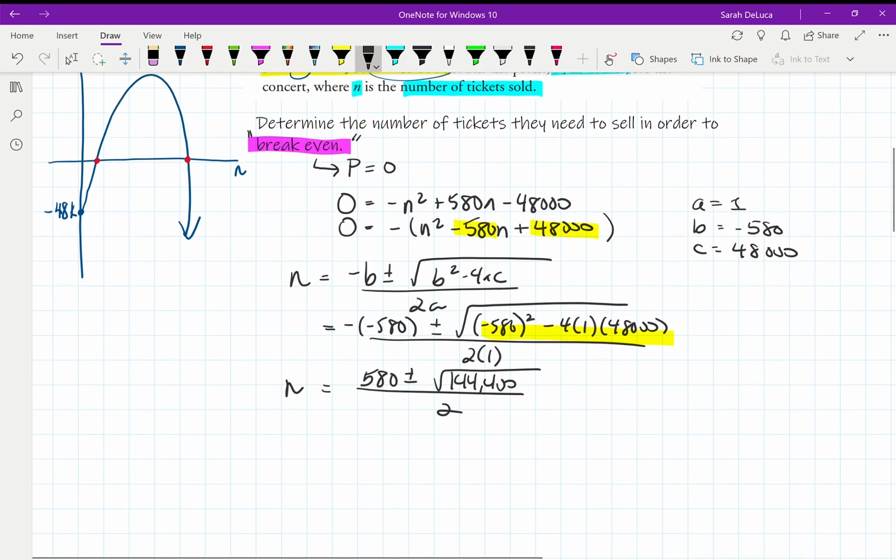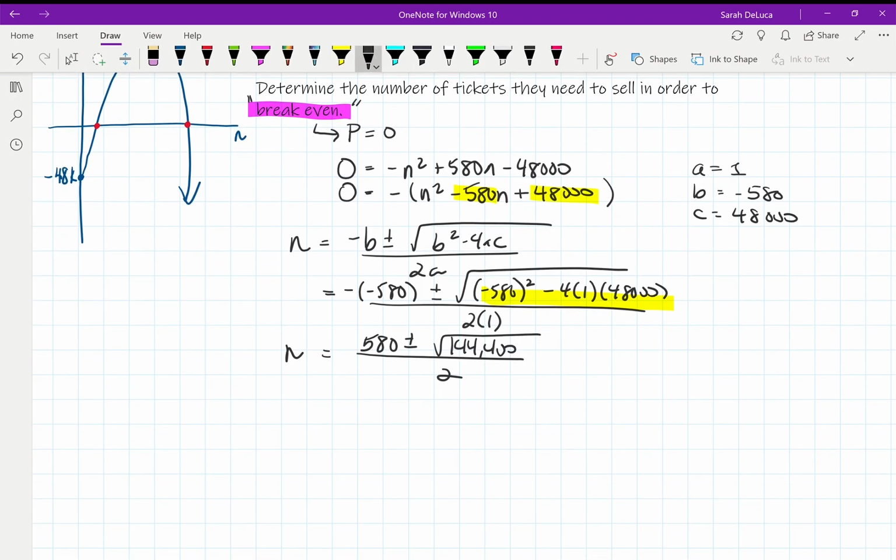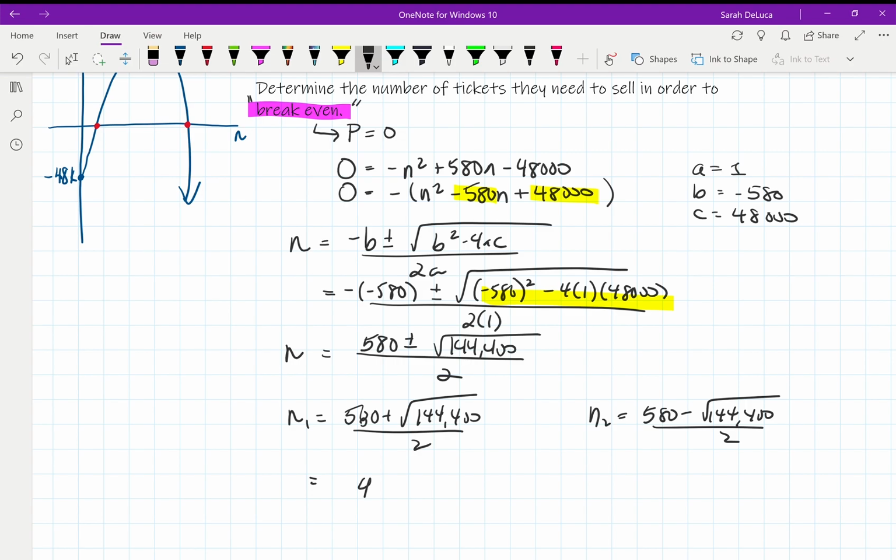From here, I'm not going to bother rounding that square root. I'm going to find out what one of my x-intercepts is by doing 580 plus the square root of 144,400 over 2. And the other one is going to be minus. So 580 plus the square root of that divided by 2 is 480.